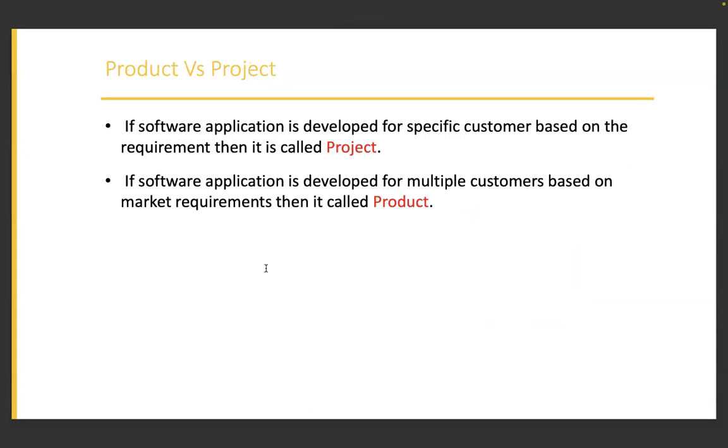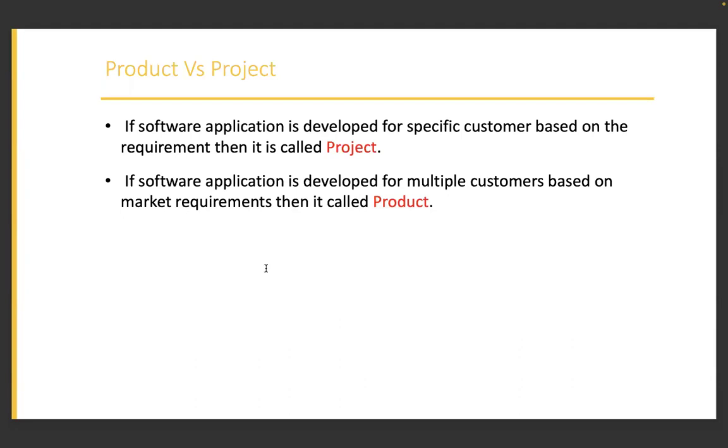Now let us discuss a very important topic: what is the difference between product and project? Everyone might have heard this question, saying, I am working in the service-based industry, or I am working in, let's say, the product-based industry, right? This type of sentence from your colleagues. The reason is there is a difference between product-based and project-based, guys.